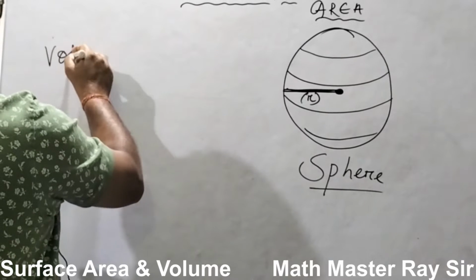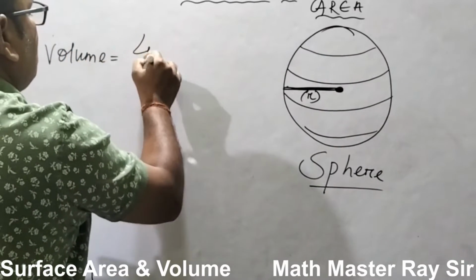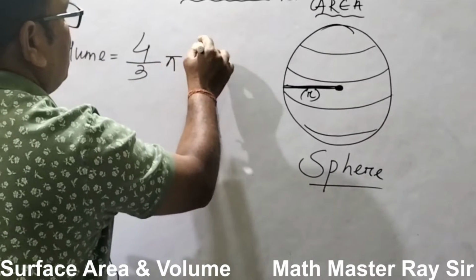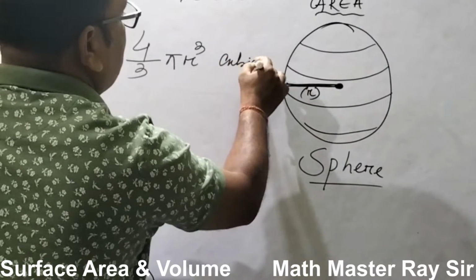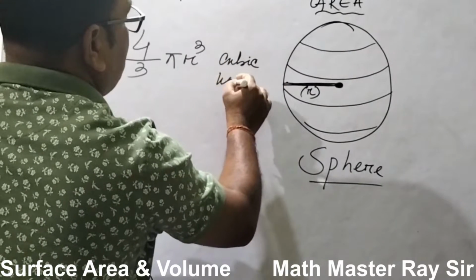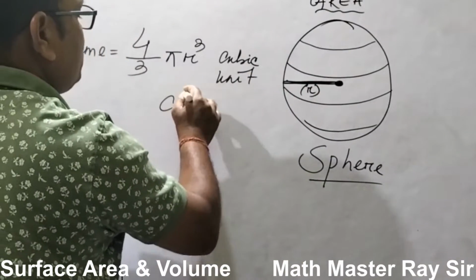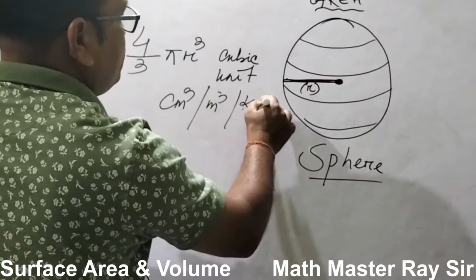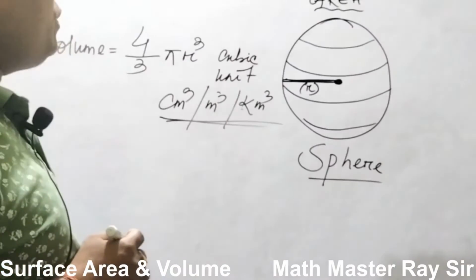Volume of sphere, just remember the formula, 4 by 3 pi r cube cubic unit. Remember, the units will be in cubic form. Suppose it is given in centimeter, it will be centimeter cube, meter cube, kilometer cube. Do not forget to write the units.